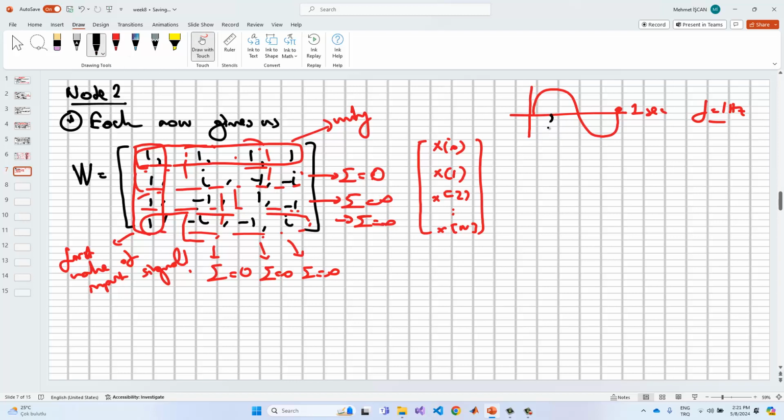What's the value of this term? Pi divided by 2. What's the value of this term? Pi, right? What's the value of 3 pi over 2? What's the value of this term? 2 pi, right? Okay. And so if we have the signal pi over 2, pi, and this one, right? This is the 1, this is the 0, this is the minus 1.